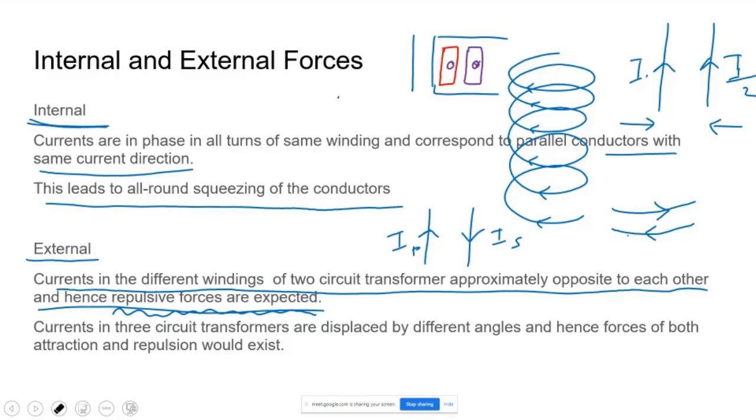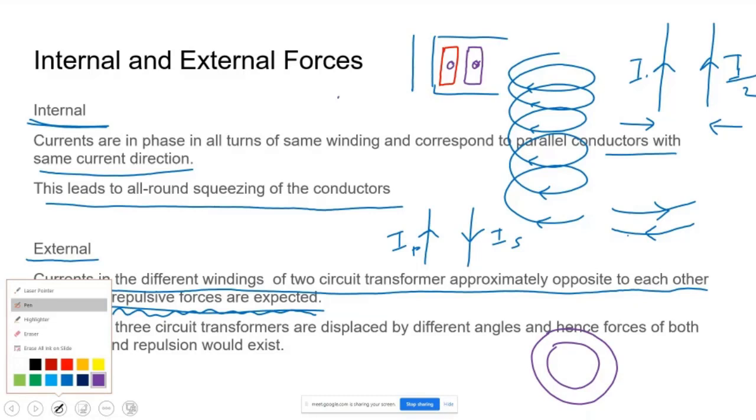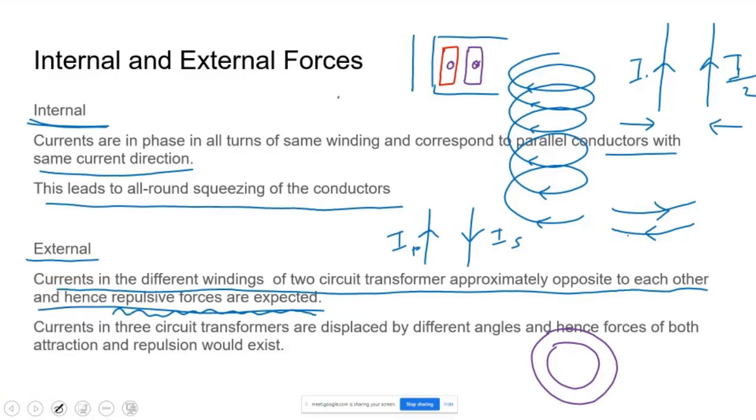Now the direction of the current will be exactly opposite. Opposite means in this cylinder, just like you have seen, this is the primary winding top view, and this is the secondary winding top view.